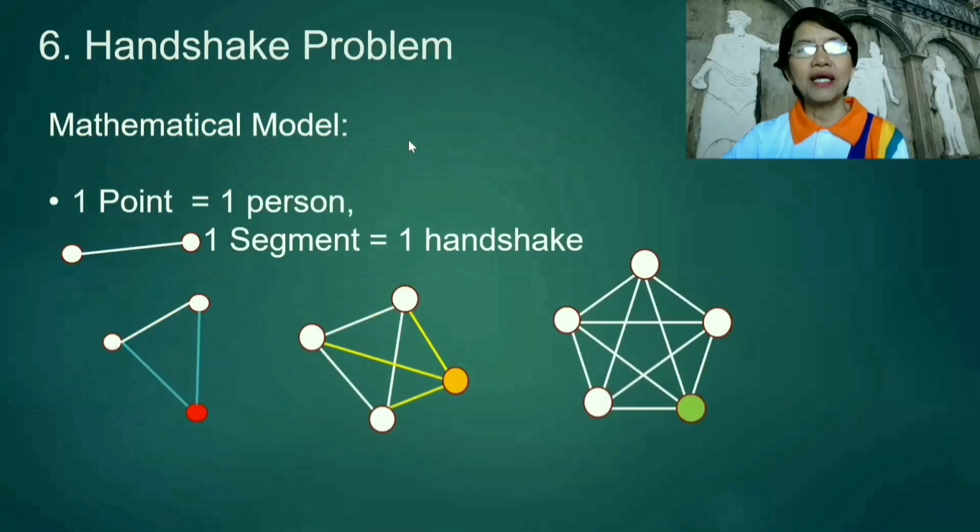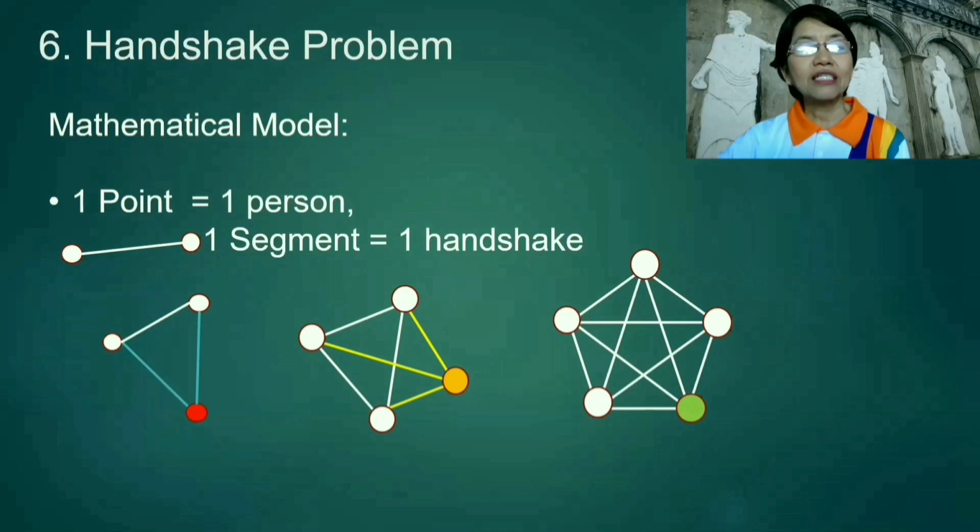First, we make a mathematical model and represent 1 point as 1 person, and 1 segment is equal to 1 handshake. So if we have 2 points here, connect these 2 points by 1 segment, you have 2 people equal to 1 handshake. Of course, if there is only 1 person, there is no handshake.